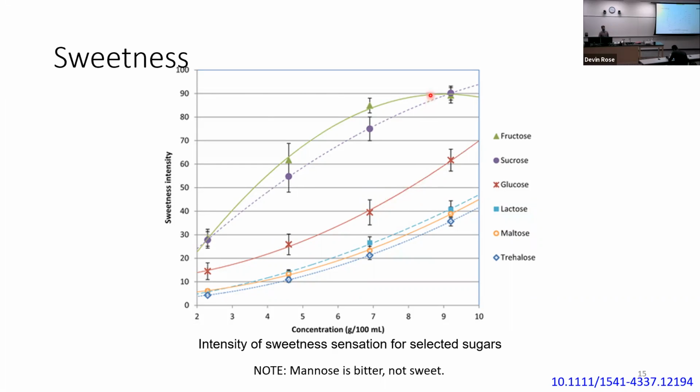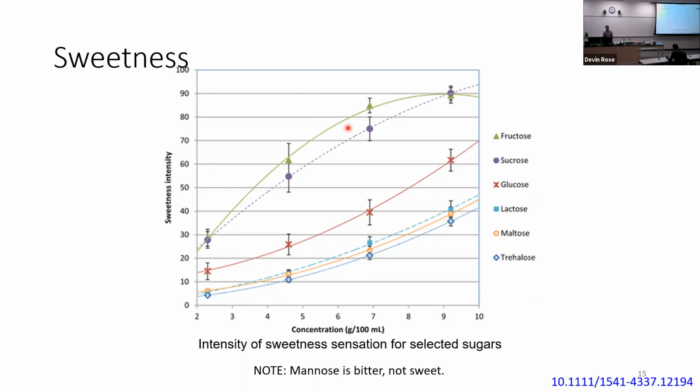One thing that you also want to notice from this graph is the relative sweetness between these different sugars. That's probably the real important take-home message. If you were to rank these sugars, fructose is the most sweet because it's the highest on this graph.